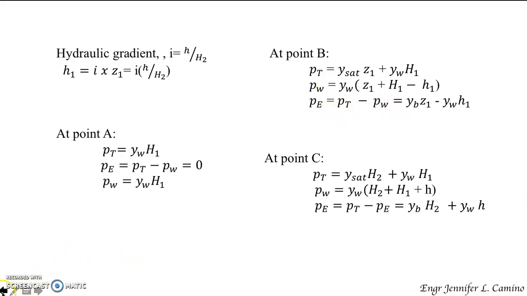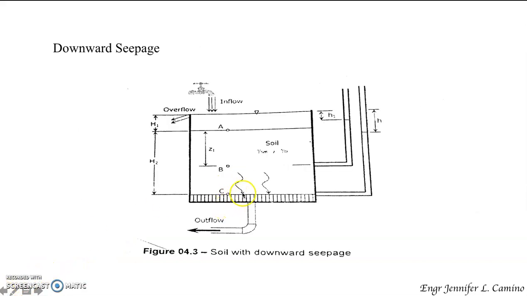For point C, what will be the stress at point C? So get the total stress at point C. That will be capital H2 times the unit weight of this soil layer plus capital H1 times the unit weight of the water. That is the total stress. Pore water pressure at point C would be capital H1 plus capital H2.